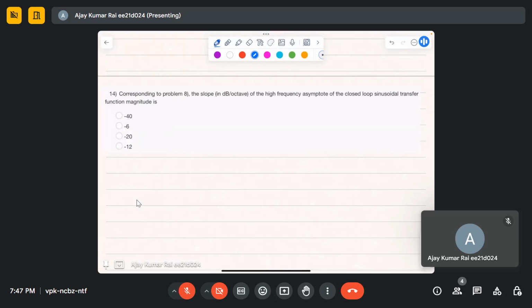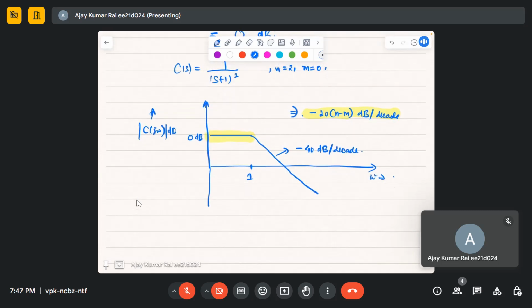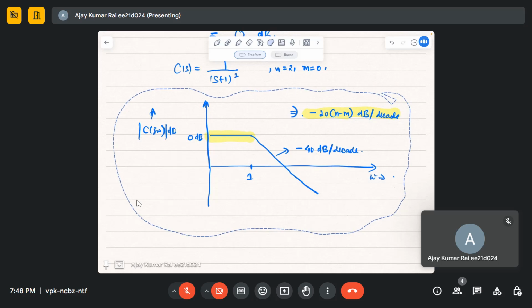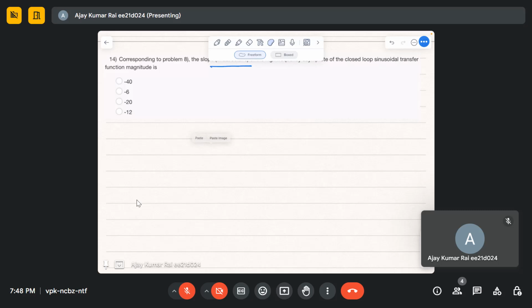So 14, corresponding to problem 8: the slope of the high frequency asymptote of the closed loop sinusoidal transfer function, in dB per octave. In the previous question I have discussed the slope in dB per decade. Let me copy this.